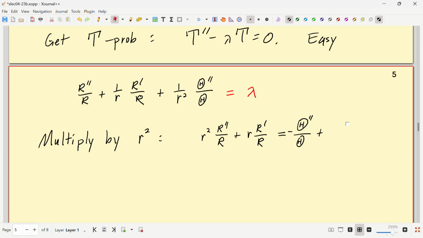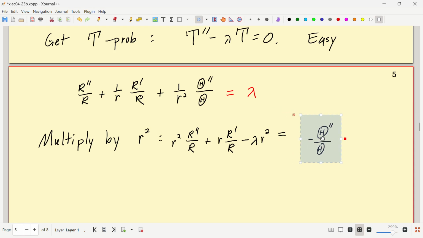So I multiply by r squared, and I'm going to put, thank heavens I'm almost out of time, minus lambda r squared on this side, equals this.